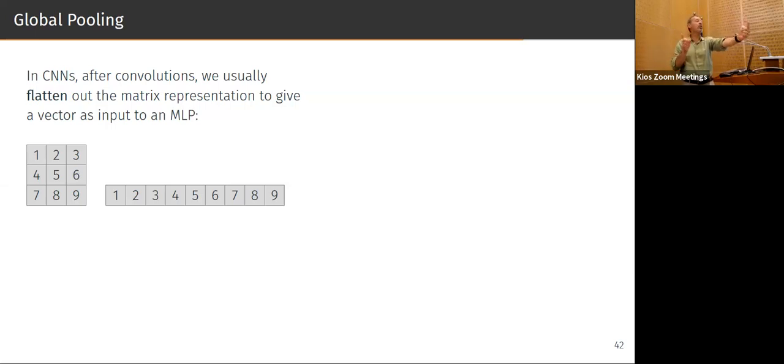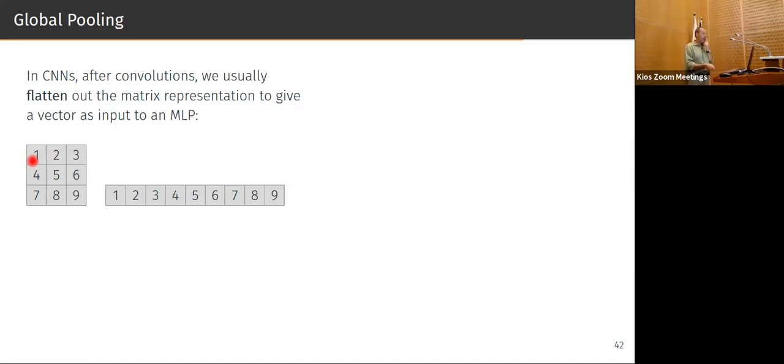Now, what you have to do is to take this tensor and apply it to the classifier, the multi-layer perceptron, or the regressor, or the predictor, whatever it is. So global pooling is taking this structure and unrolling it. From the 2-dimension or 3-dimension structure, you generate a vector that will be used to feed the multi-layer perceptron.